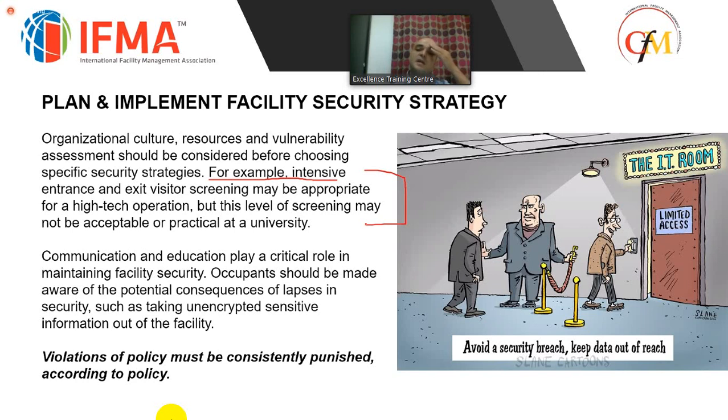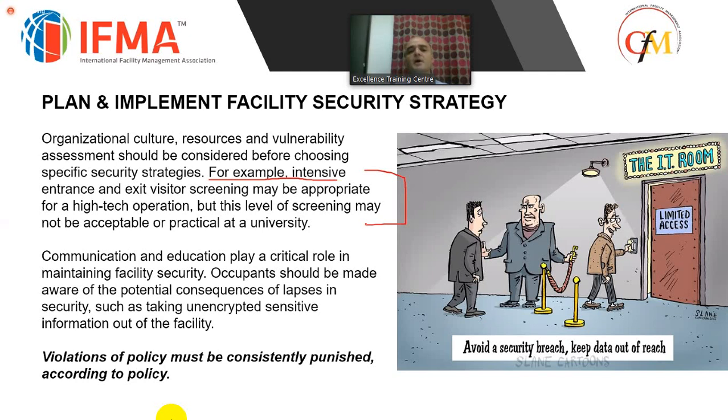So security, again, is a science on its own. People can enter from a small breach. For example, the Iranian nuclear program was delayed for several years due to a security breach from a small USB. So communication and education play a critical role in maintaining facility security.